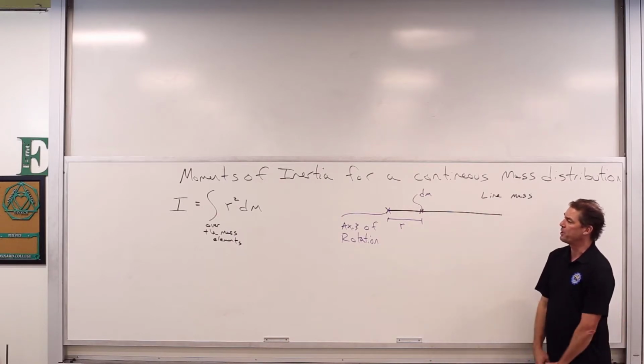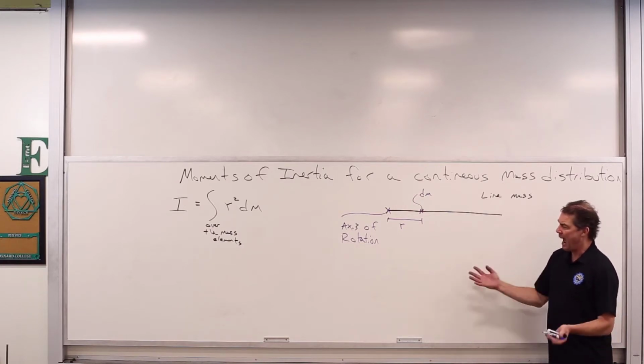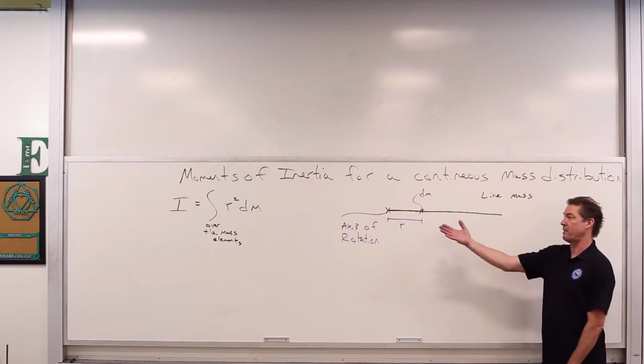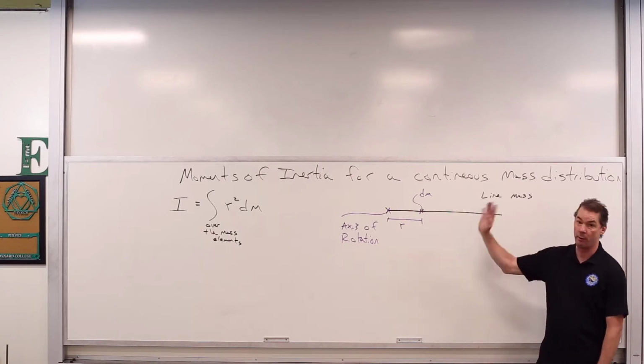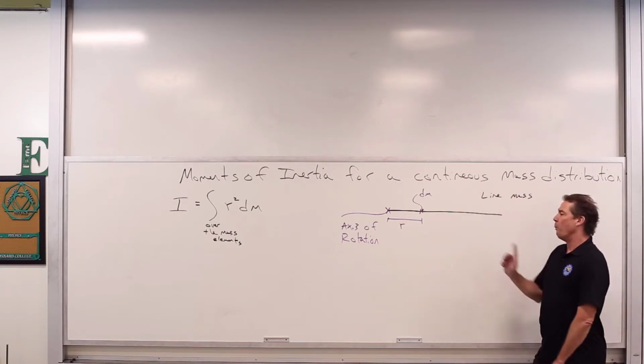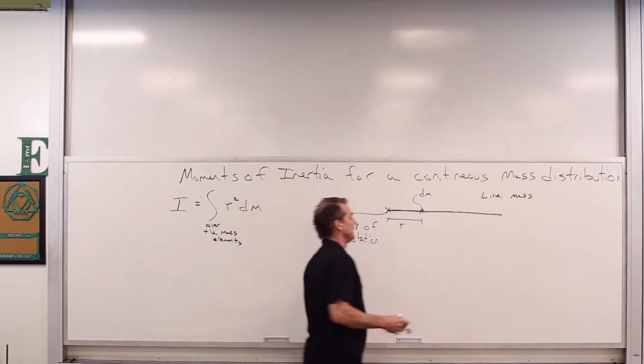So how are we going to approach this? Well, we need some notion of how the mass elements are laid out in space. Just saying dm makes it a little bit hard to integrate over, saying we're integrating over all the mass elements. So what we can do is define what is known as a linear mass density.